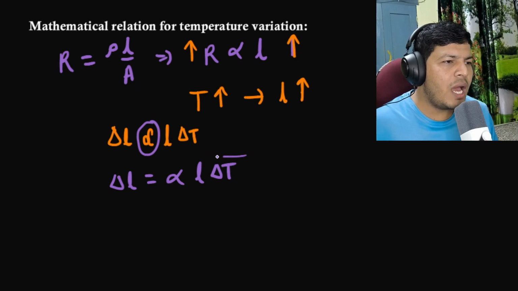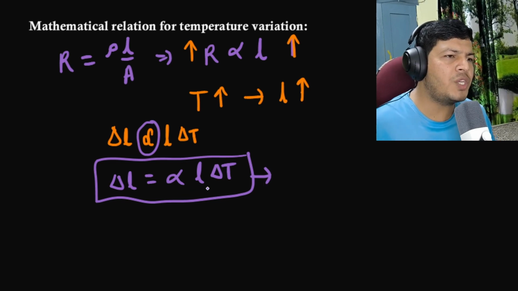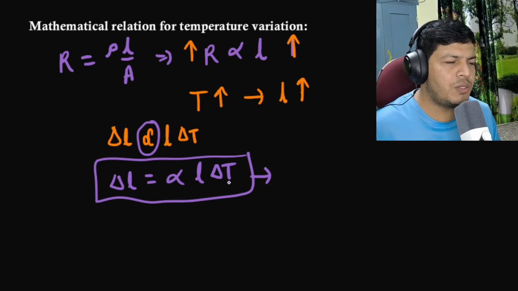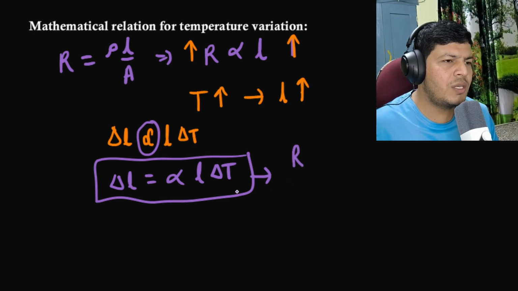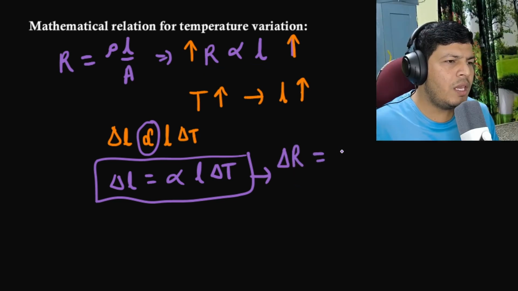Now I will use this to create a mathematical relation between change in temperature and change in resistance. How will I do that? If resistance is directly proportional to length, I can write that change in resistance will be equal to proportionality constant multiplied by original resistance multiplied by change in temperature.